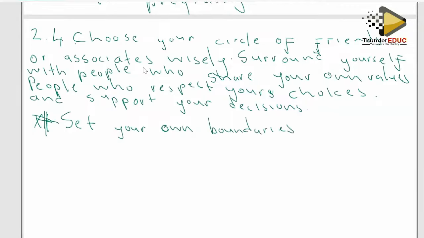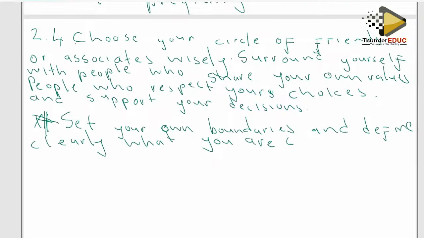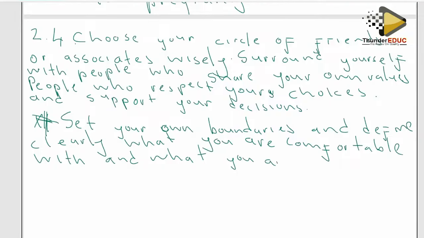You must set your own boundaries and clearly define what you are comfortable with and what you are not comfortable with, and stick to it.